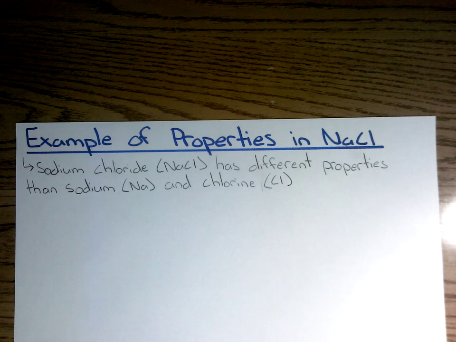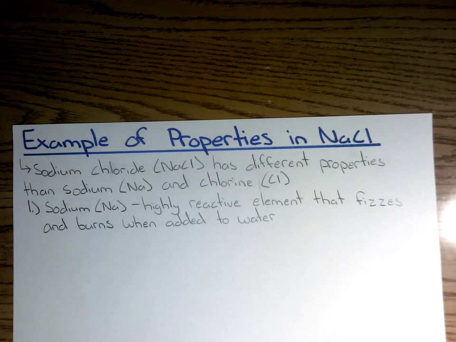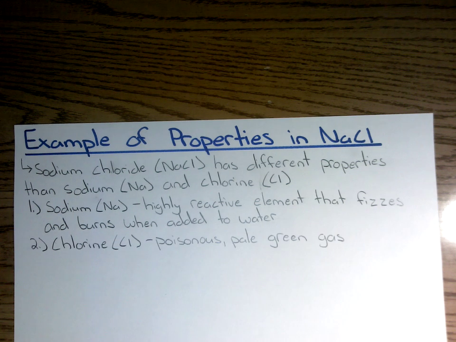So, for example here, sodium is a very highly reactive element that if you place it in water, it's going to fizz and burn in that water. And chlorine is a poisonous pale green gas.